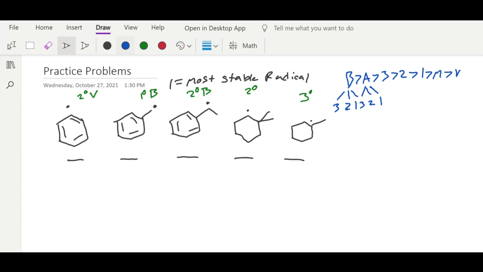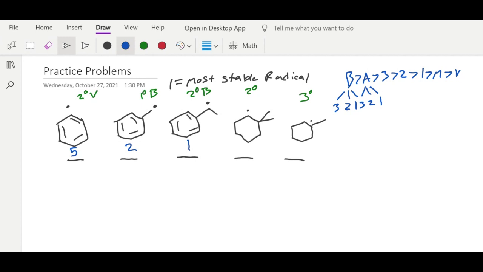So now I'm just going to look at my labels and I'm going to look at my trend, and I don't have to do any work. So I know benzylic is the best one, and within benzylic it goes 3, 2, 1. So this is going to be 1, 2, and then now I have secondary, vinylic, secondary, and tertiary. I already know vinylic is my worst one, so I'm going to put that as number 5.